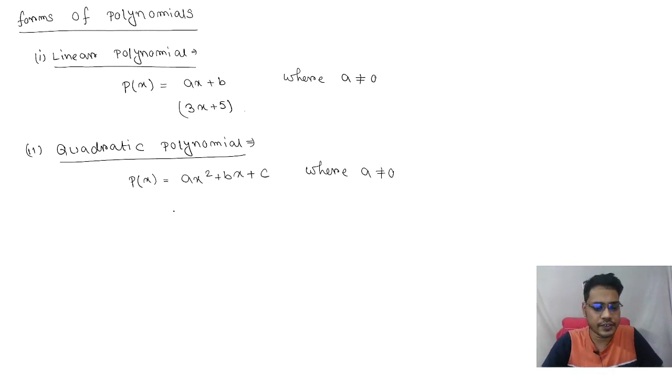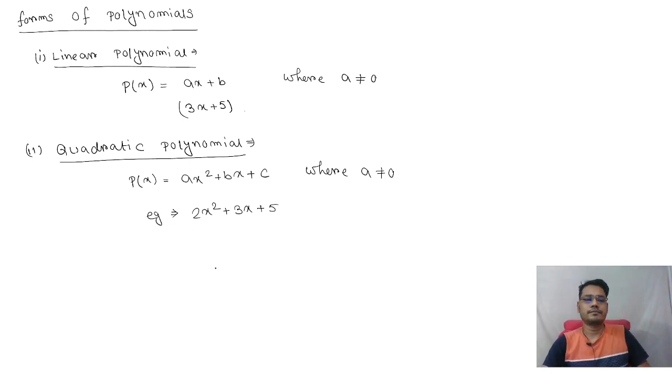So let's see one example. If it is 2x square plus 3x plus 5, it is an example of quadratic polynomial.